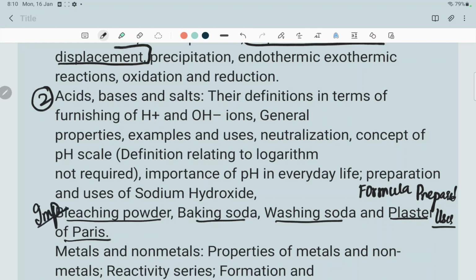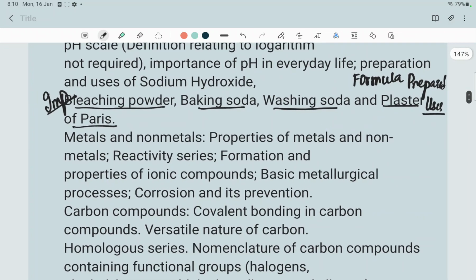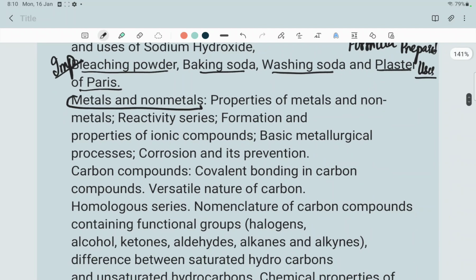Now the next chapter is metals and non-metals. So here first of all we must know the reactions. So how do metals react with an acid, how do they react with metal carbonates. Secondly, we should know the properties of ionic compounds and their formation. This is very important.